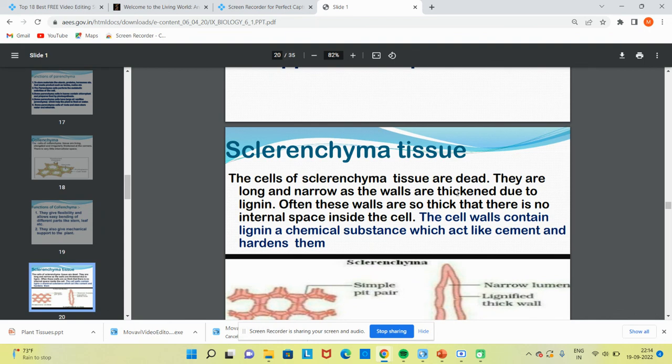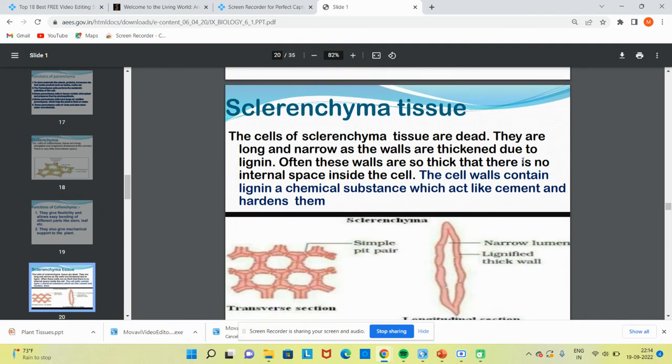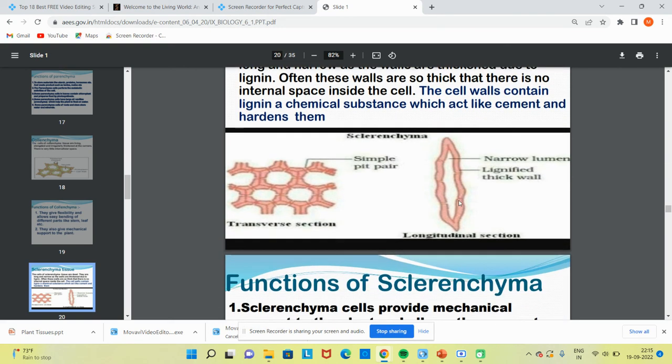So the sclerenchyma cells are dead and they are long and narrow as the walls are thickened due to lignin. Often these walls are so thick that there are no intercellular spaces. The cell walls contain lignin, a chemical substance which acts like a cement and hardens them.